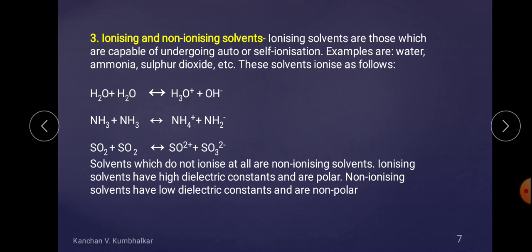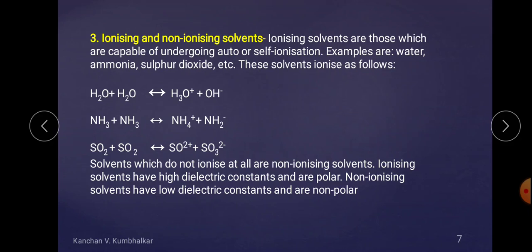So ionizing solvents have a high dielectric constant and are polar, obviously. Because there is a formation of positivity and negativity, we can say there is a formation of poles. Poles means what? The positive is not like the negative and the negative is different from the positive. So when we are considering an ionizing solvent, it has a high dielectric constant with polarization, that is, there is a formation of poles.